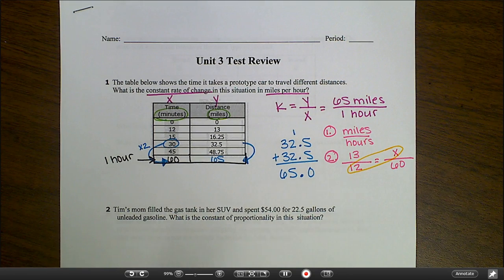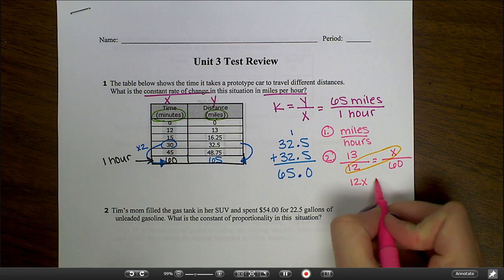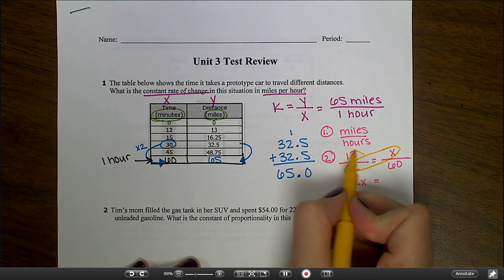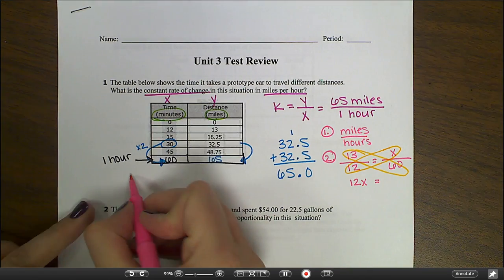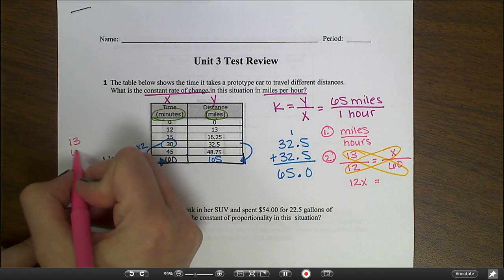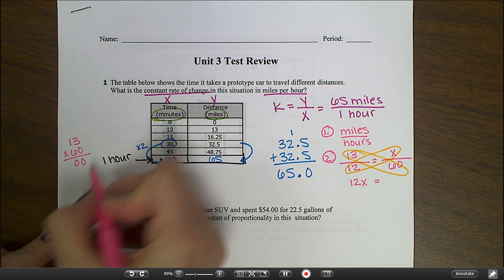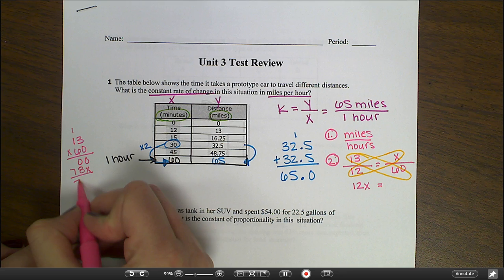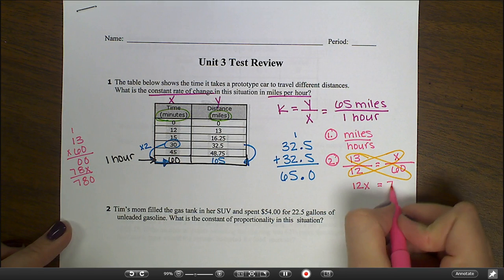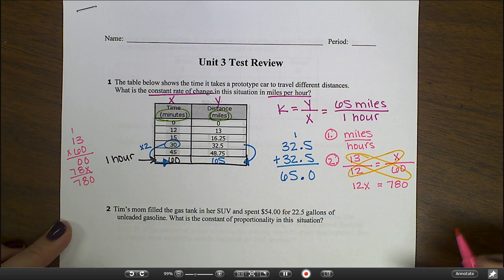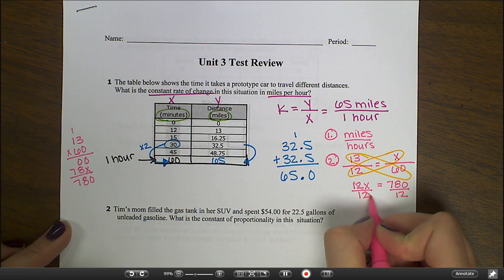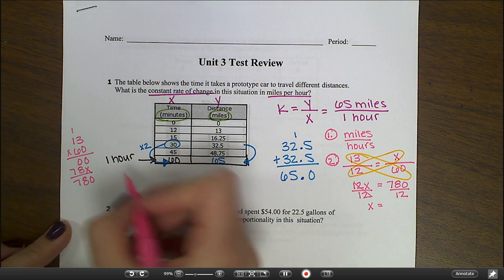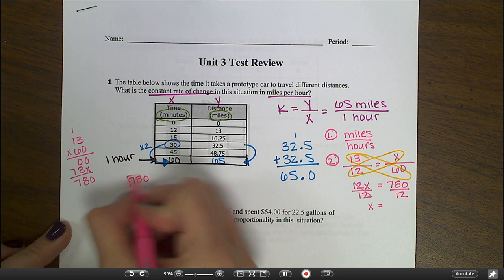12 times x is 12x. Don't forget that equal sign. 13 times 60, I could multiply that out. And I could say, okay, 13 times 60, that's 0, 0, put an x, that's 18, and that's 7. So 780. And then I want x by itself, so I'm going to divide both sides by 12 and get x equals 780 divided by 12.